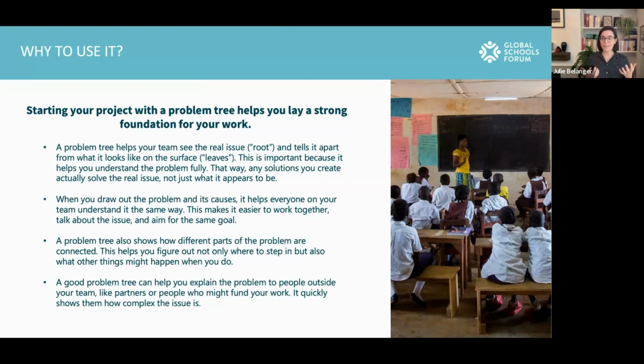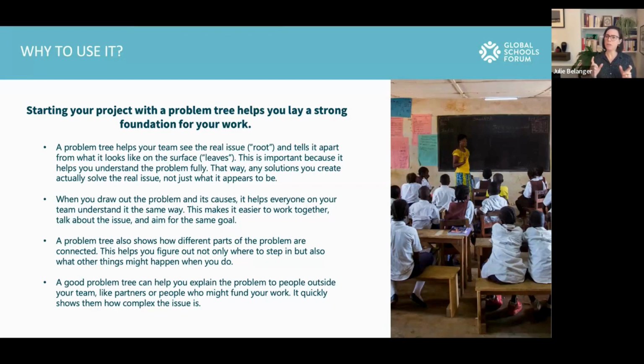Now, by doing this exercise, you will gain benefits within your team because it's going to help everybody understand your problem in the same way and make sure you're all swimming in the same direction towards trying to solve the same problem. It will also help you understand how different parts of your problem are connected to each other and help you see how some of them you might be able to have an impact or have some control over, whereas others you may not be able to.